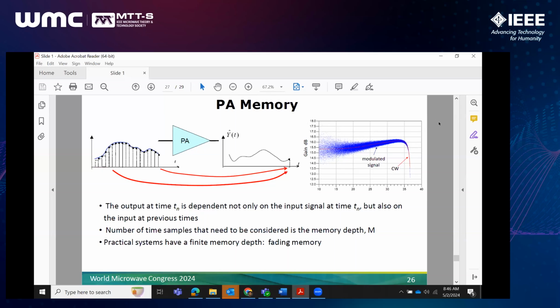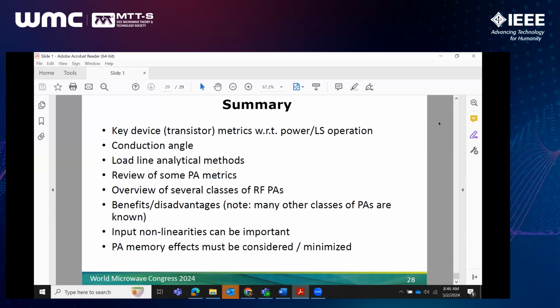So lastly, if we go to the summary slide, again, we review some key device metrics with respect to large signal operation, conduction angle, load lines, a few classes of PAs, noting their advantages and disadvantages. And again, in PA designs, different nonlinearities are particularly important, and we need to be aware of them.